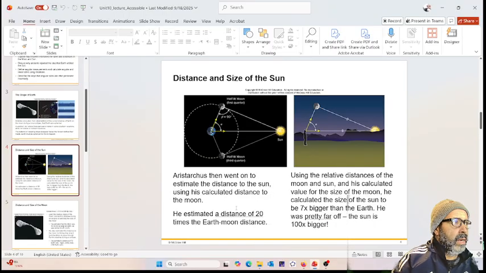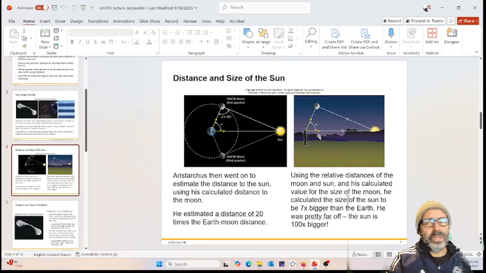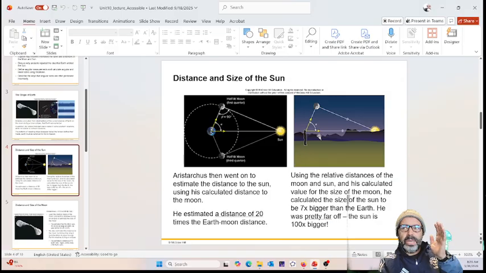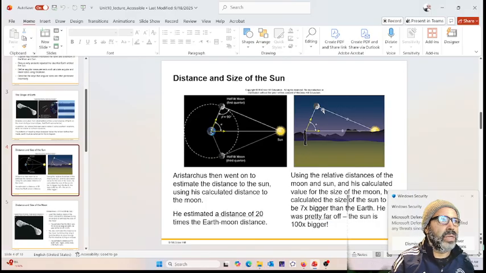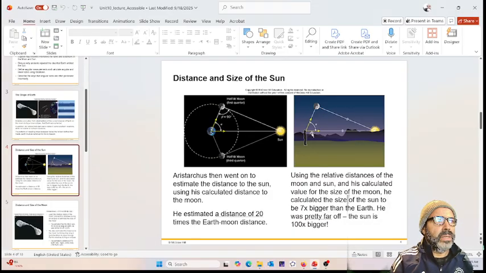Aristarchus used simple geometry during a quarter moon. The assumption is that the sun is shining on the moon, and the moon is in perfect geometry where it's making a 90-degree angle. So this angle is a 90-degree angle. This angle is a 90-degree angle. If I can estimate this angle, I can find the rest.